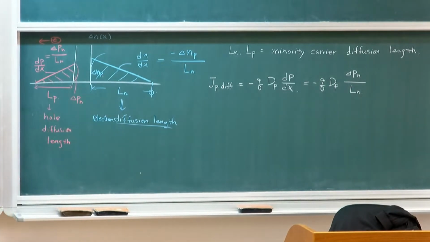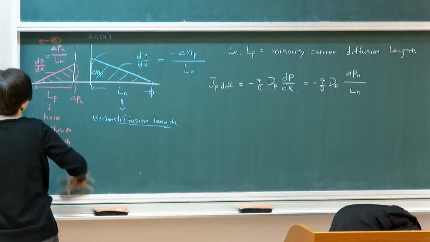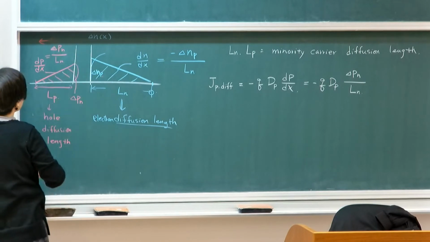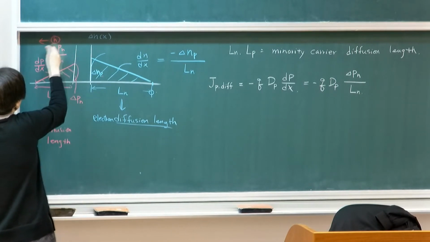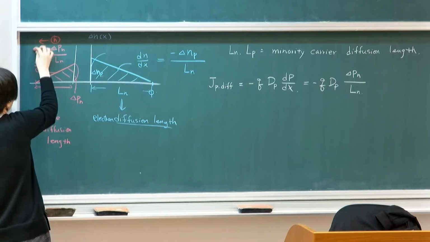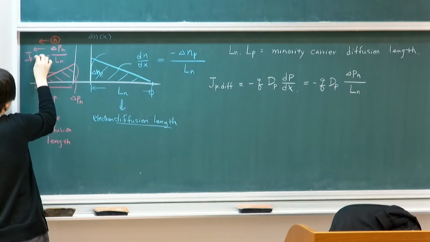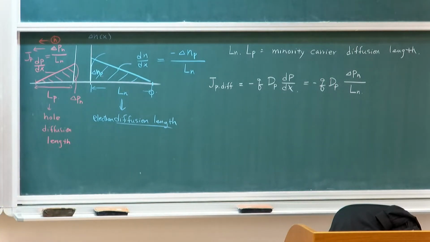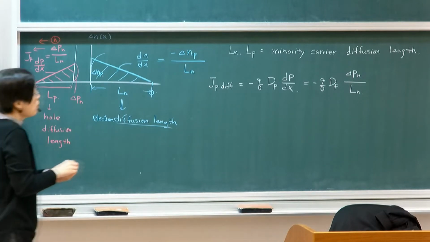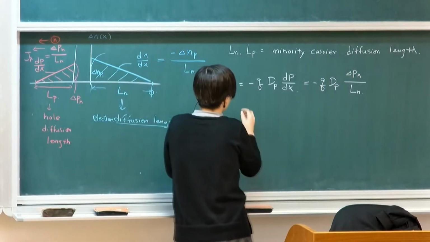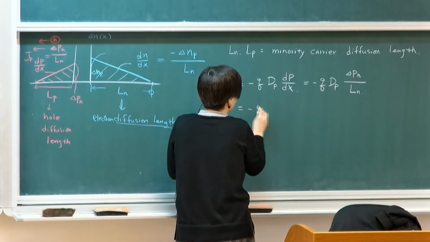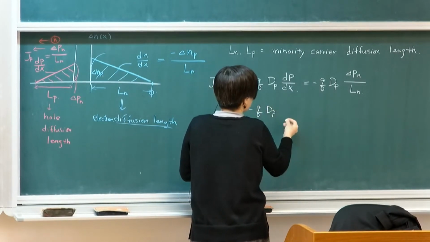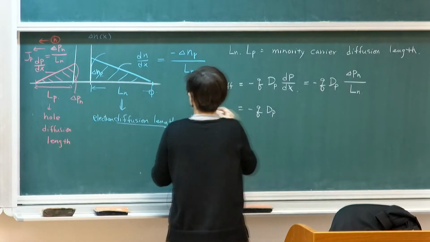The holes are diffusing, so the current direction is the same as the hole direction because it's positive charge. The reason for this minus sign is because it's moving in the minus x direction.